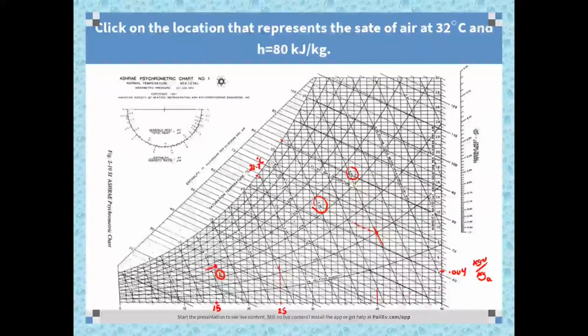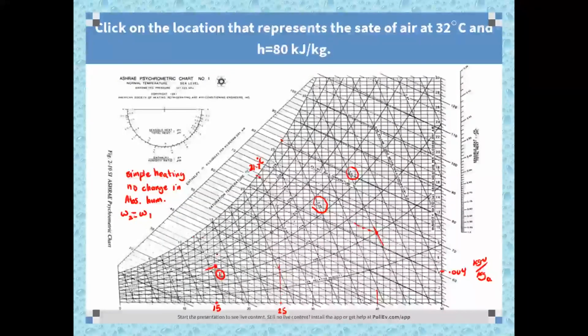How do I connect the two lines? It says simple heating. Simple heating means there is no change in absolute humidity. Well, basically omega 2 is equal to omega 1.